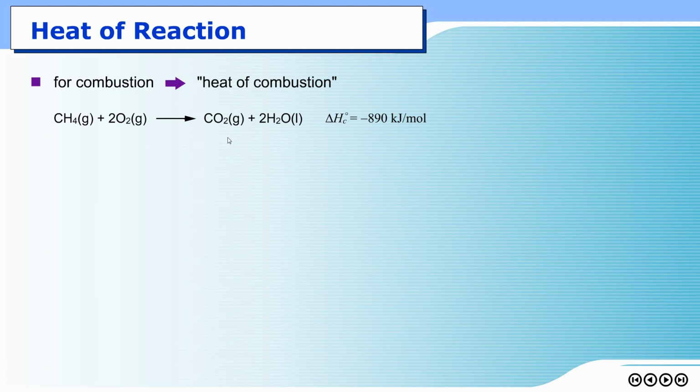For complete combustion, on the right hand side the products would be carbon dioxide and water, and the enthalpy change associated with this reaction is called heat of combustion, or delta HC, taking place at a pressure of 1 bar according to this standard indicator. Under 1 bar the heat released is this much. I say heat because under constant pressure, the change of enthalpy equals heat.